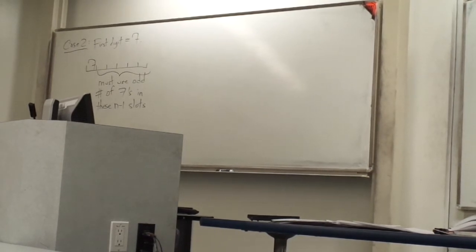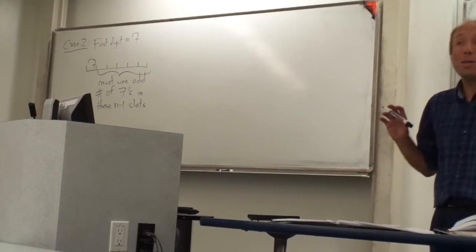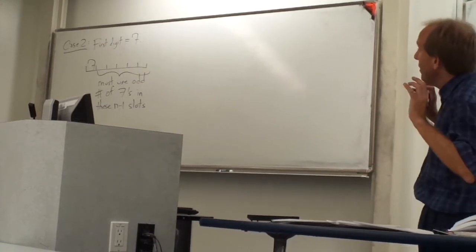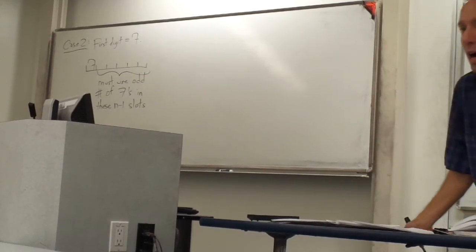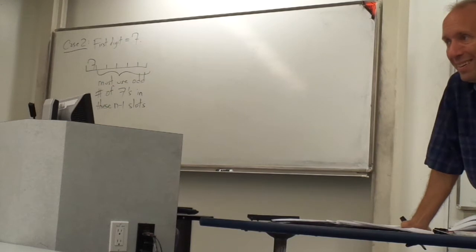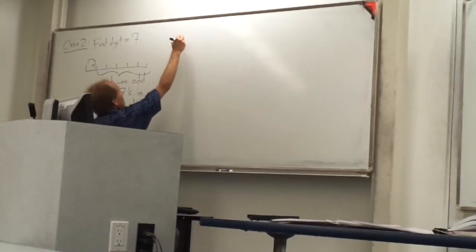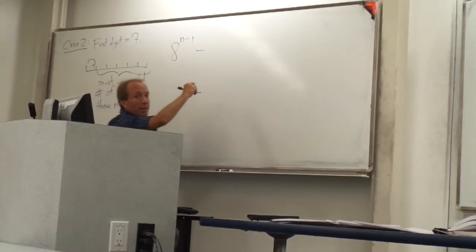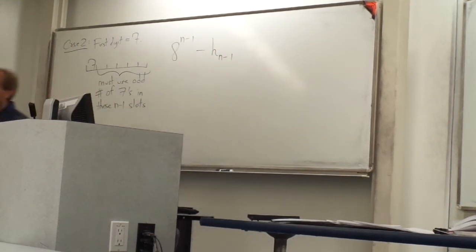Let me ask the question again, to make sure everybody understood: how many strings of length n minus 1 are there that have an odd number of 7s? 8 to the n minus 1 minus h sub n minus 1. That's the answer. Inclusion exclusion.